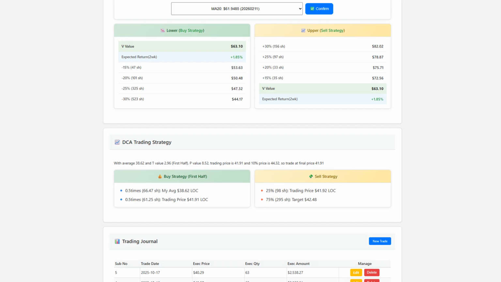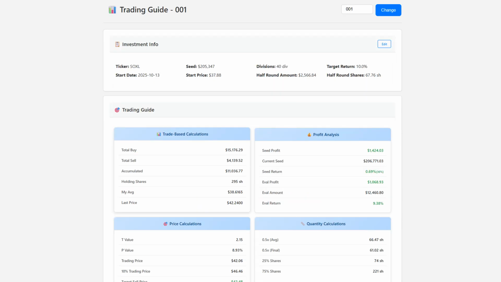That's the step-by-step cycle. On October 20th, the price hit $42.24, our partial sell target. We sold 98 shares, 25% of holdings. Now we hold 295 shares. The seed profit jumped to $1,424, a 0.7% return.